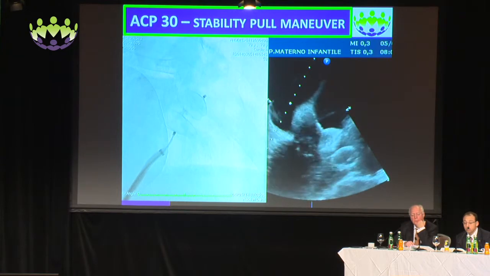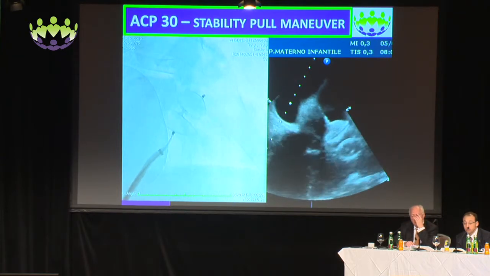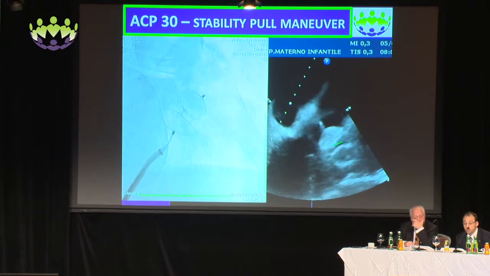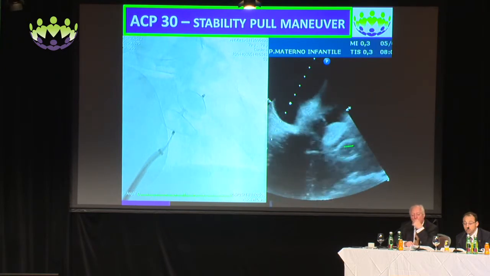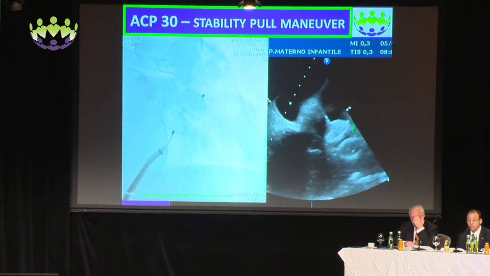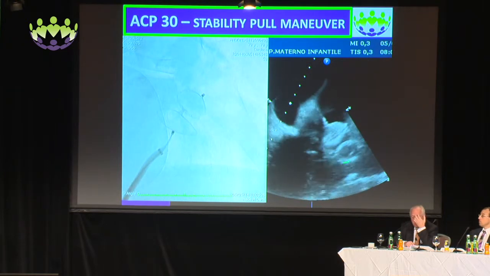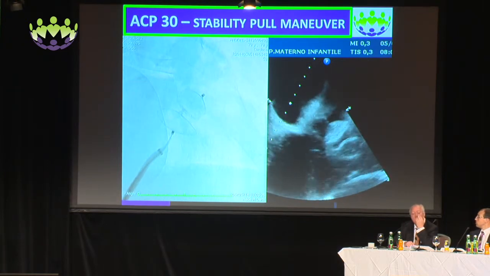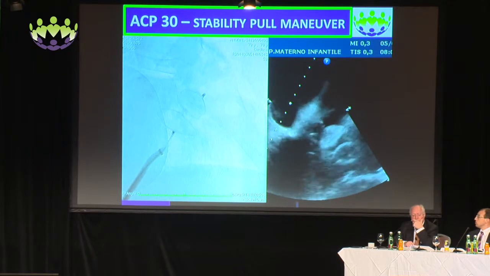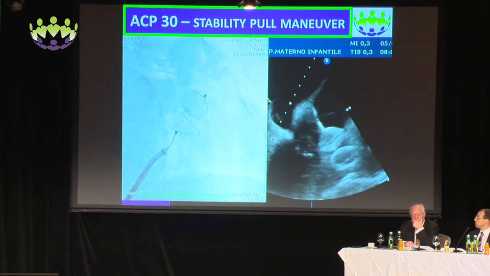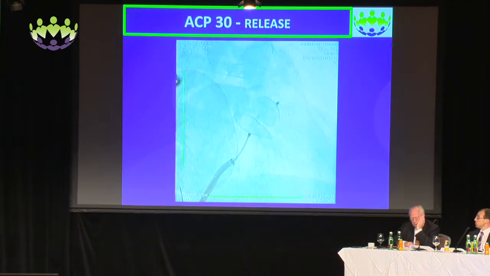We keep the position in traction for a minimum of 1 minute. And the position of the device is good. We see on the ICE the position of the lobe, the position of the disc, and we check the stability of the device on the basis of the adjacent structures. And we decide to release the device.